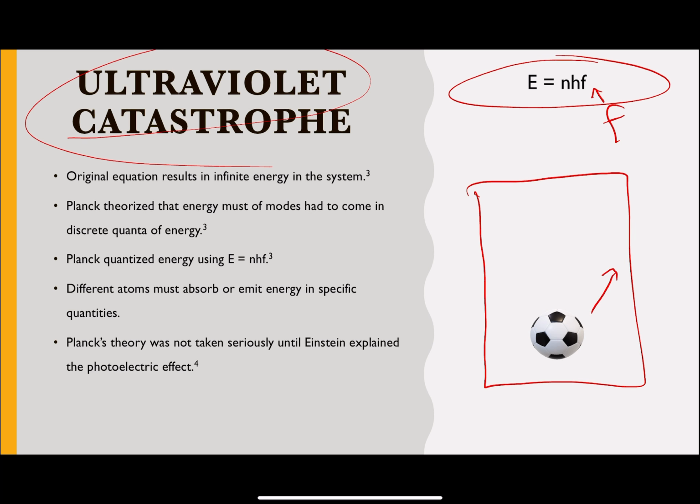The atomic oscillations, or the ball exchanging energy with the walls of the box, can only be present in discrete quanta. Thus, these oscillators have quantized energy. Since the ball only hits the side of the box at certain times, this represents the discrete quanta of energy that radiation will experience inside of this cavity.